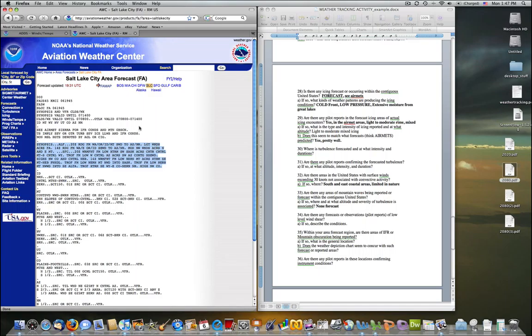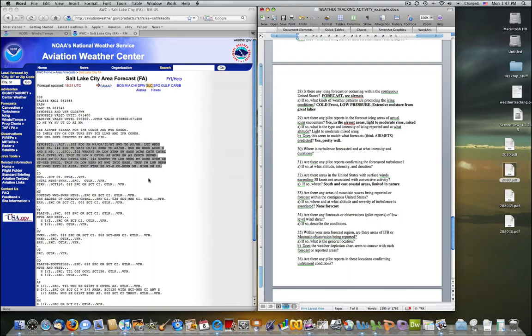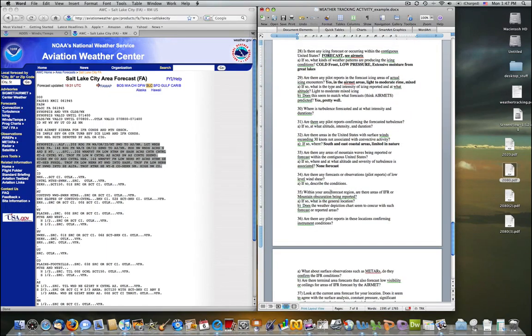So this question, I guess my point is, this is going to be tough. You can get the reports from the PIREPs, you can get the forecast from the SIGMET, but for practical purposes, you're probably going to have to dig deeper, particularly as a general aviation pilot.